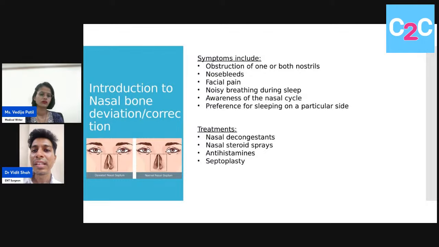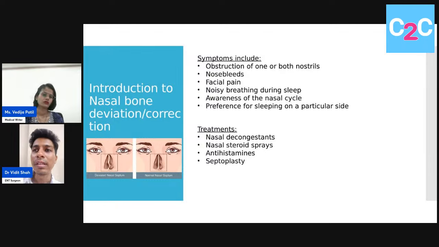Your nose breathing is through the floor where it goes posterior or behind, and that's where your breathing is normal, or you are able to breathe properly through your nose. Now, whenever this floor of the nasal cavity has a bony structure which is obstructing that floor, that is where you can get a nasal bleed.